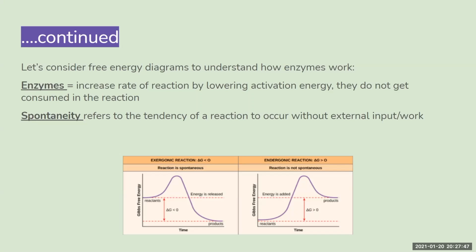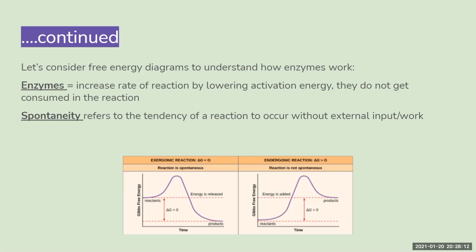And for biochemistry, it's important to understand the concept of spontaneity, which refers to the tendency of a reaction to occur without external input or work. And this is important because a lot of reactions in our bodies cannot occur without proper enzymes and reaction coupling. And we will come back to this idea when we look at the electron transport chain.